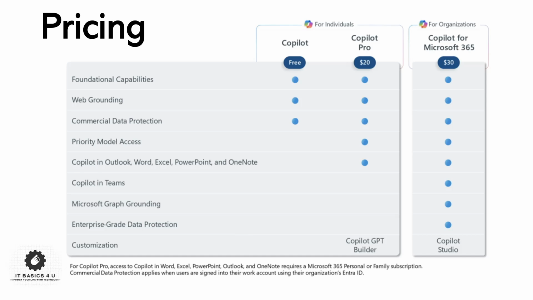On the other hand, Copilot Pro, which is available now, is again available for individuals and family accounts of Microsoft 365, but it comes at a nominal fee of $20 per user per month. Mind you, it's per user per month. So it allows you to do more than what a typical Copilot can do.